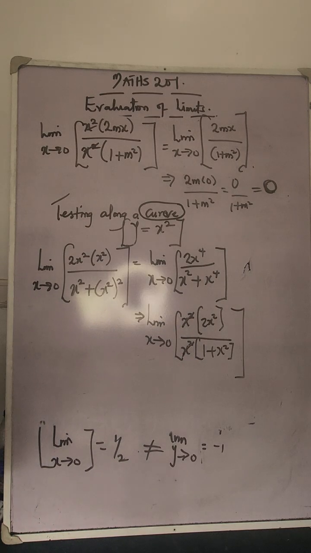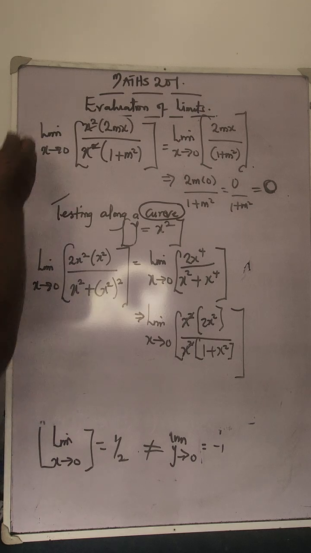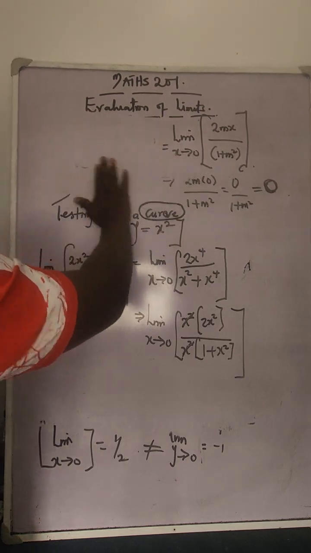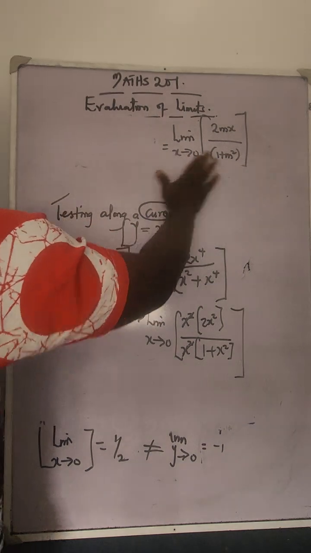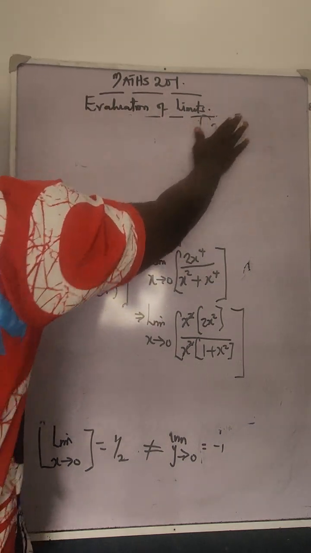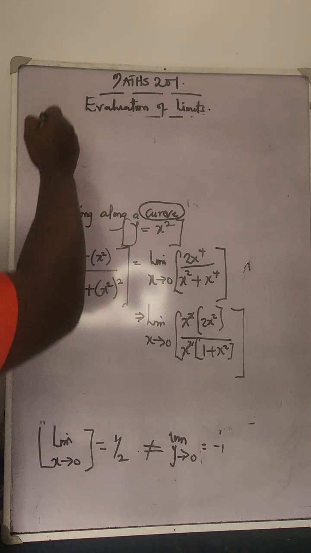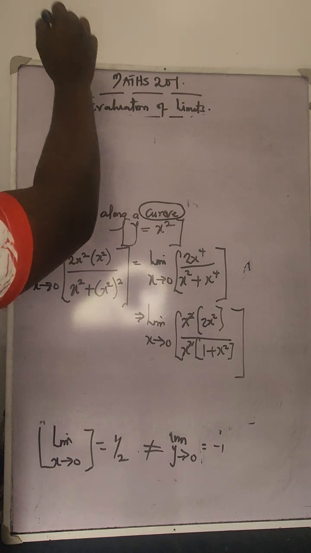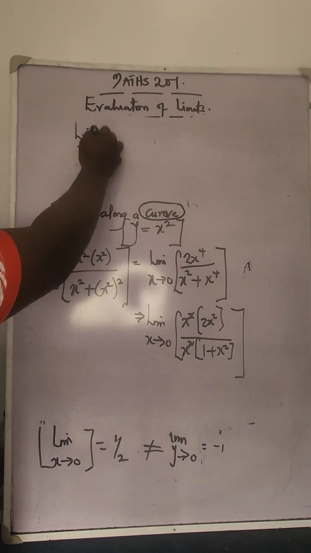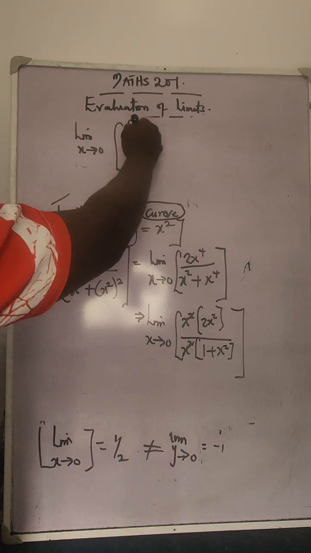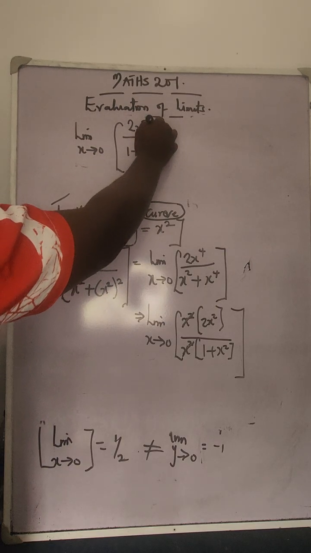Now we have the limit as x approaches 0 of the function 2x squared over 1 plus x squared.